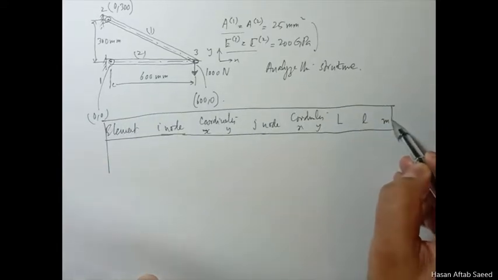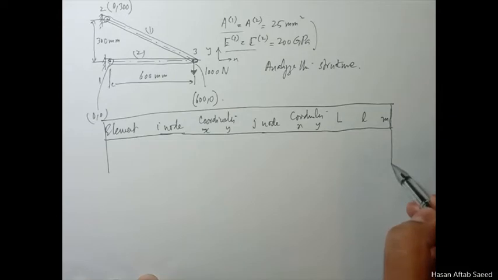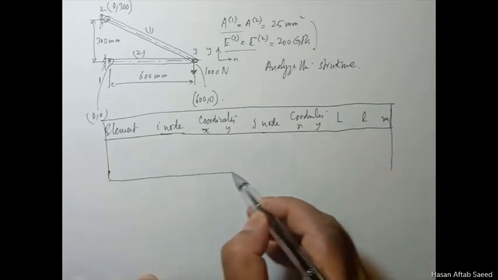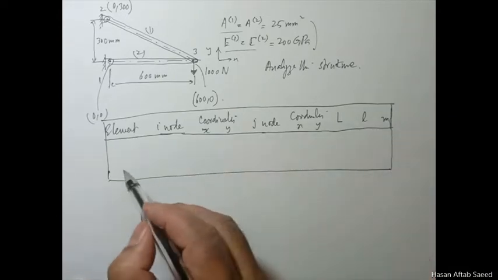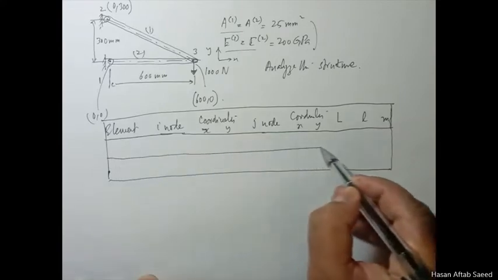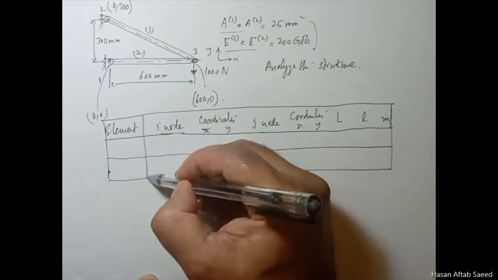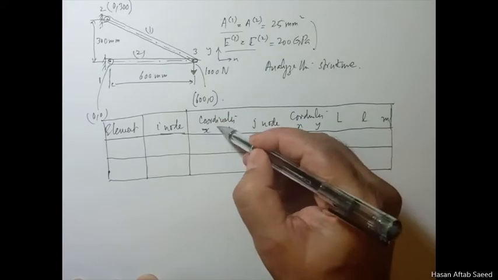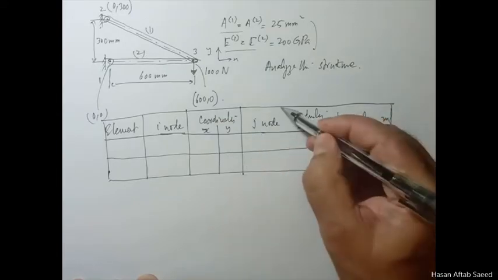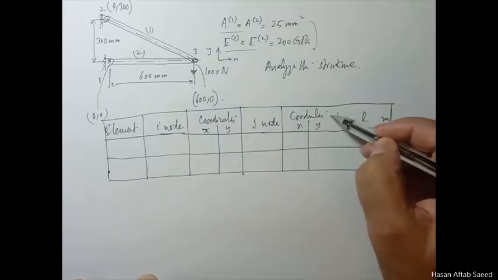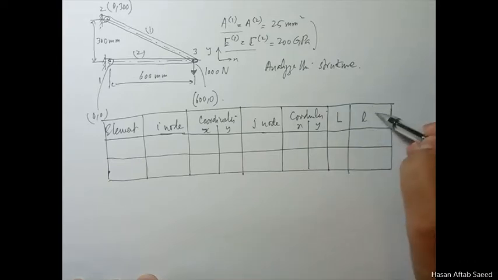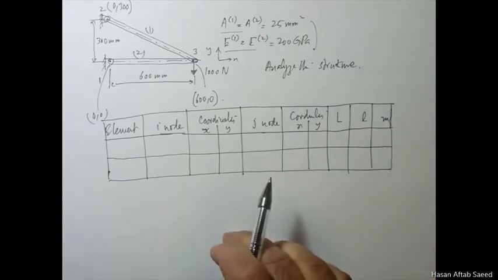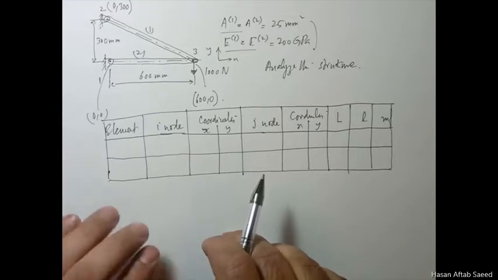Without this connectivity table, we'll not be able to assemble it properly. And when we make a connectivity table, it's better to include all the relevant information here so that you don't have to look at different places for that. Just get all the relevant data in one place. So it's always better to follow this.